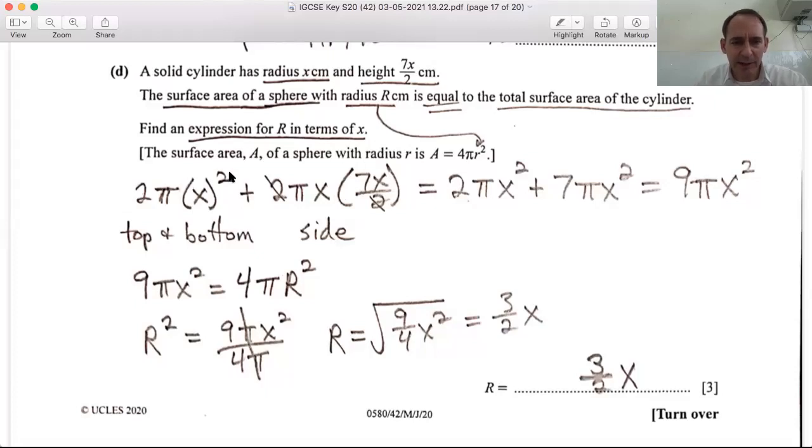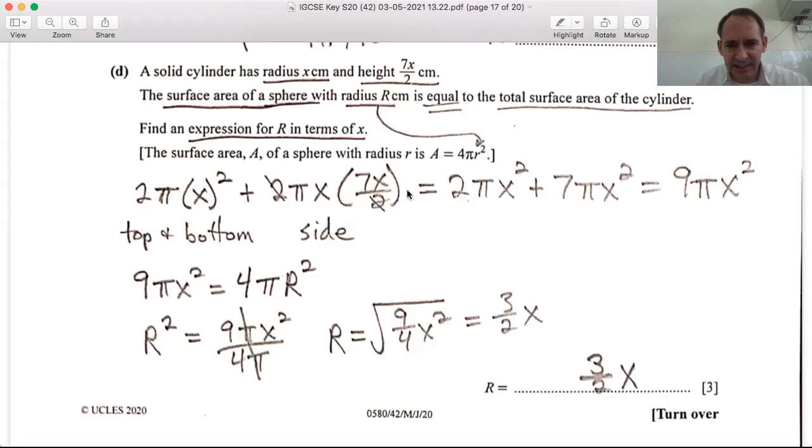We do 2 pi r squared because that's the top and the bottom of the cylinder. They're both circles. The radius is x, so that's where this x comes from. So 2 pi x squared, that's the top and the bottom. Then the side of our cylinder is the circumference, 2 pi r, times the height, so the 7x over 2.